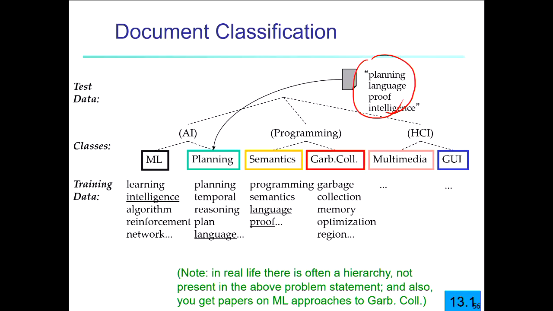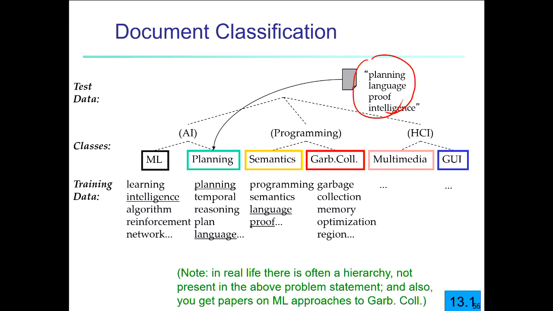For example, you need to decide whether this text is about machine learning or planning or semantics and so on. You can think about why you cannot simply use a decision tree in such a problem.